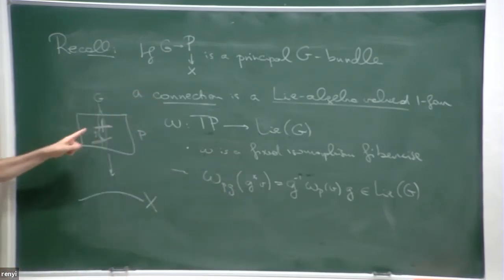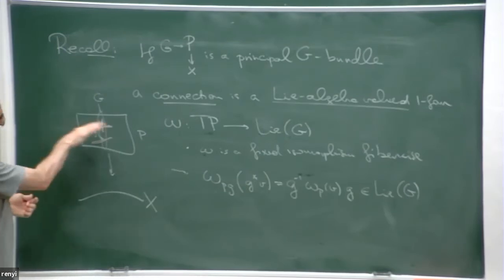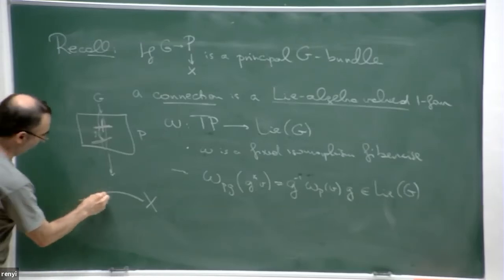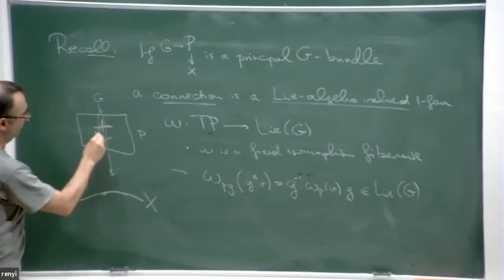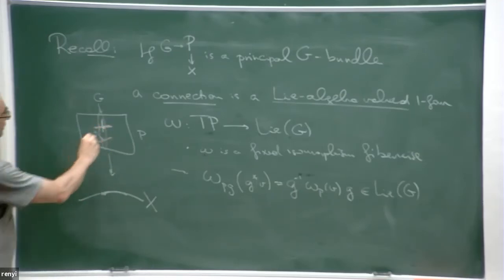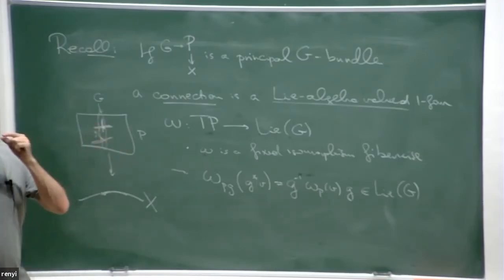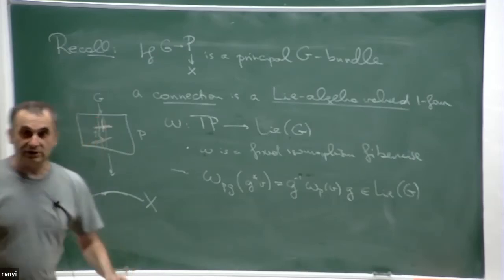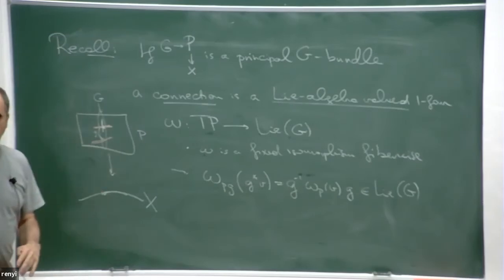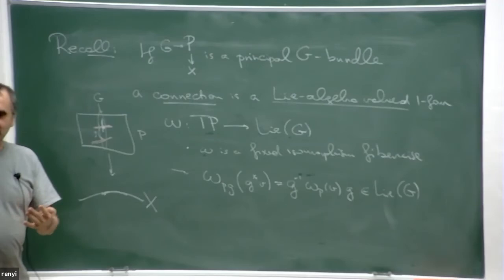Well, what do we have if we have such a distribution of orthogonal complements? It allows us to lift curves. If we have a curve down here and I prescribe where I want to start it, then I can continue by demanding that it should be always orthogonal to these horizontal complements. So it will work like covers.